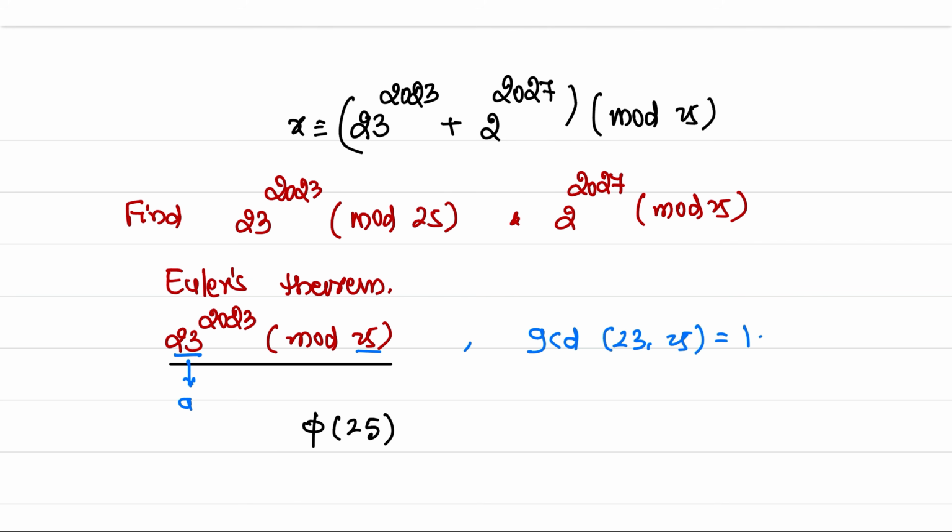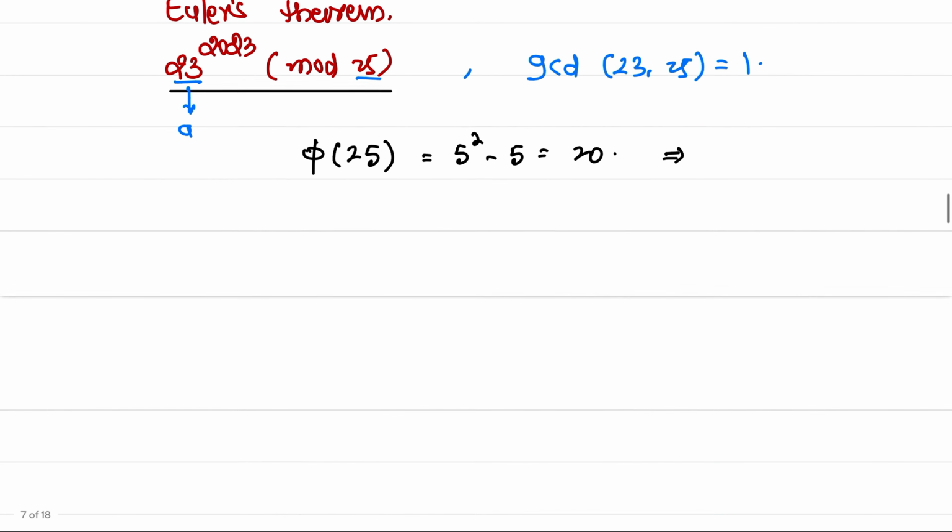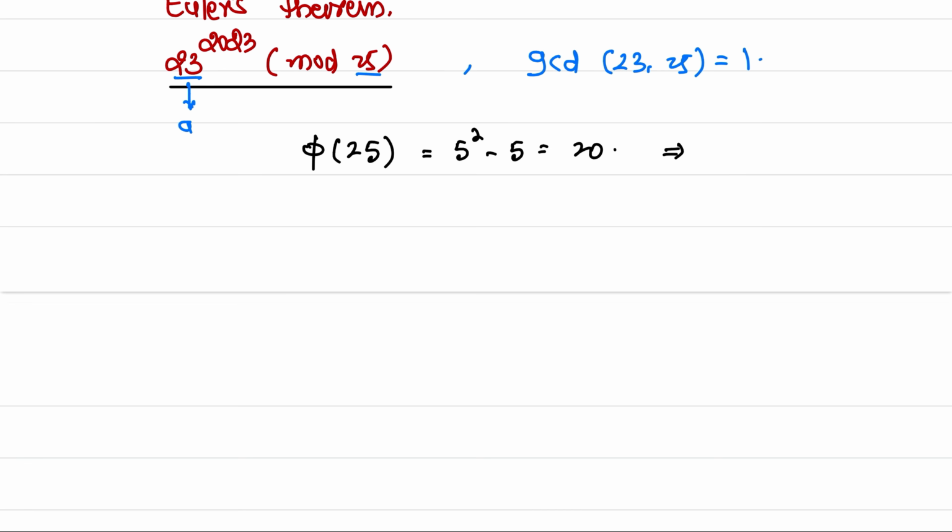Phi of 25 is equal to 5 squared minus 5, that is equal to 20. For understanding this, please refer to my earlier lecture on Euler's theorem and number theory. I am going a little bit fast because these practice questions are not meant for teaching. These practice questions are for you to practice from the previous knowledge you have acquired. If I start teaching each and every step again, it will be a very lengthy lecture.